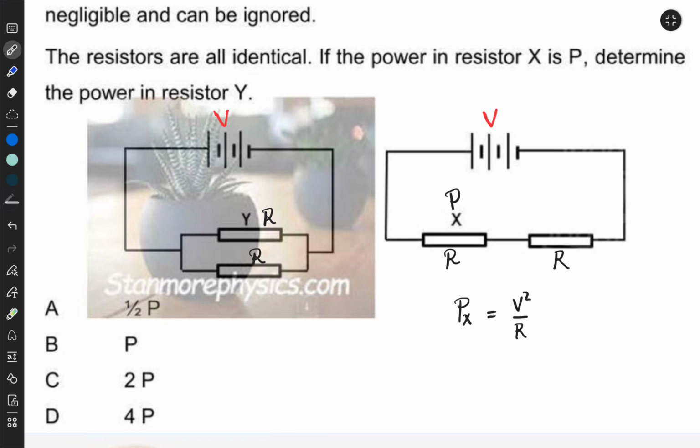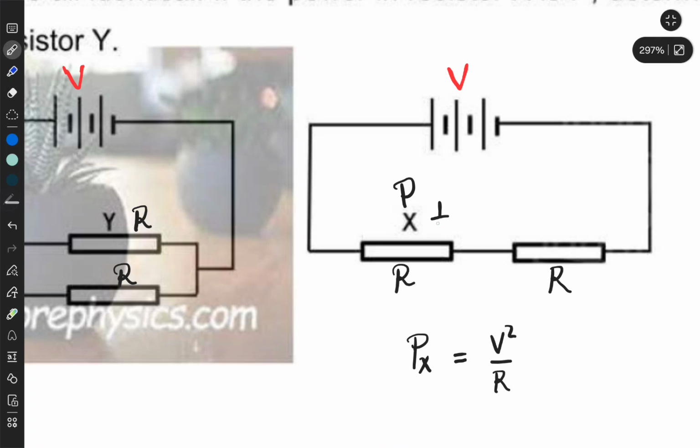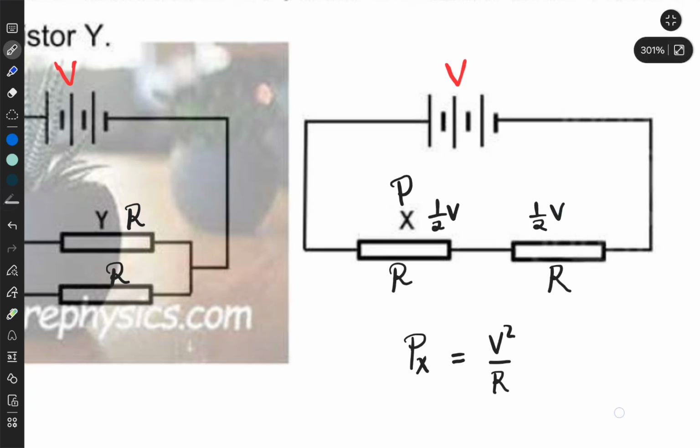Since this is a series circuit, the voltage on each resistor will not necessarily be the same, or it can be the same if the resistors are identical, like in this case, but the moral of the story is that the voltage will divide. Remember, series circuits are voltage dividers. So since these are identical, we will have half of the voltage on resistor X and the other half going to the other resistor connected in series to resistor X.